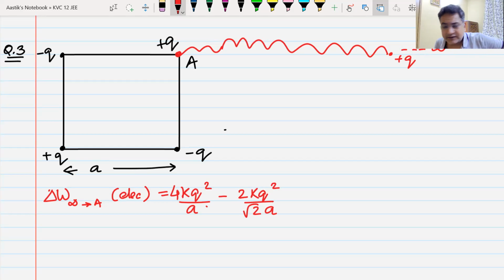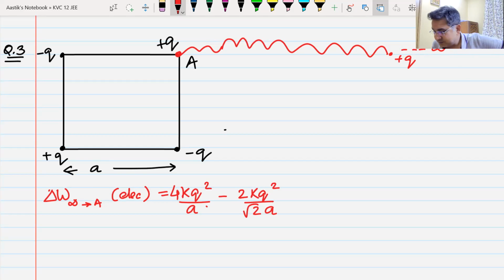What was the work done in assembling this system? It was the same, now. So you bring all the four charges or you bring only one charge, the work done is the same. Is it possible? No. Sir, kq square by a into 2 minus 1 by root 2. That is dimensionally wrong, it cannot be R square.